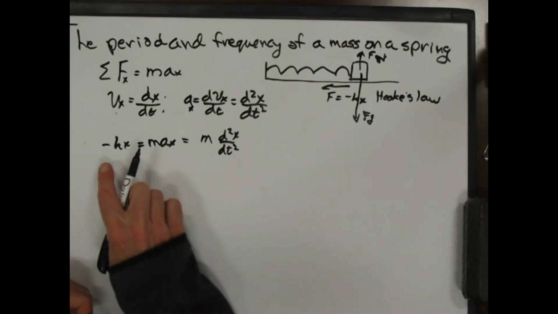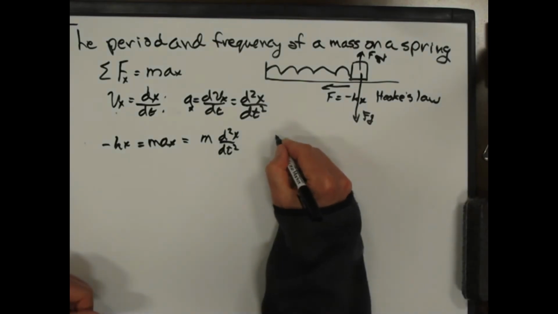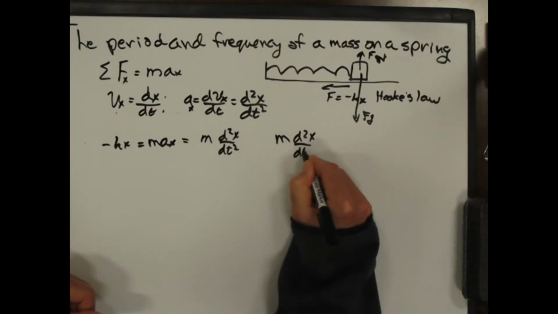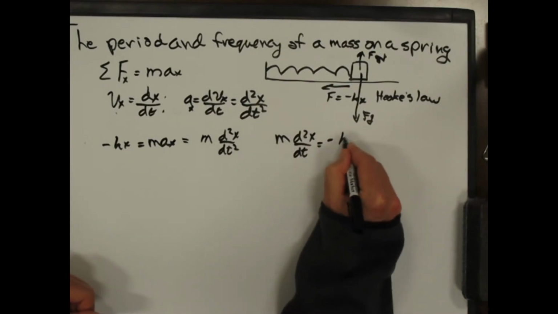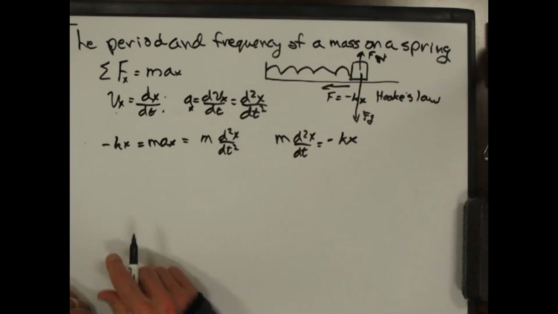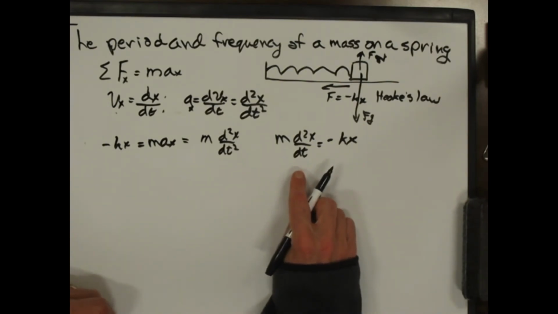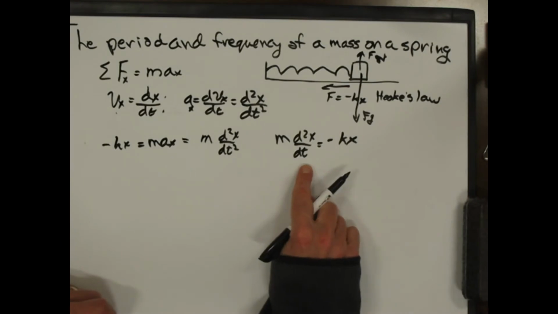So what we get is m times the second derivative of x with respect to time equals minus kx. And this is called a differential equation. You've already done differential equations, because a differential equation is really any equation that has a derivative in it. There's nothing super fancy about it, but there it is.